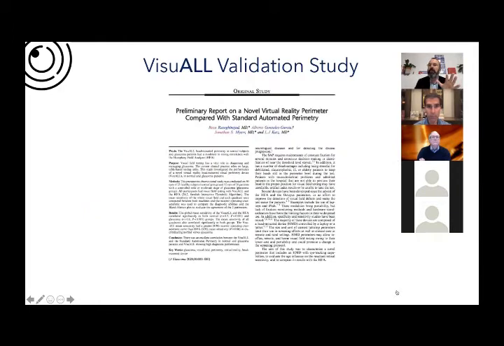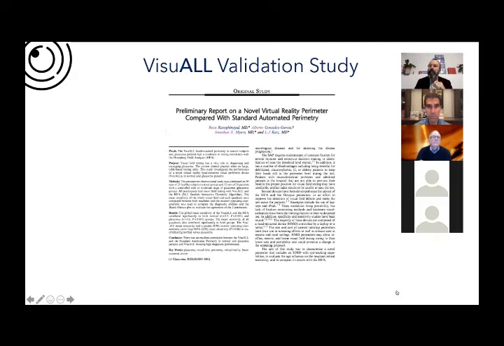We did an initial validation at Wills Eye Hospital, which was published in the Journal of Glaucoma. We are continuing this scientific validation. We're very interested in providing science to all of you.